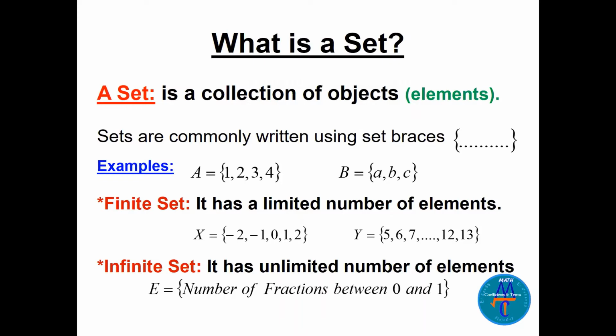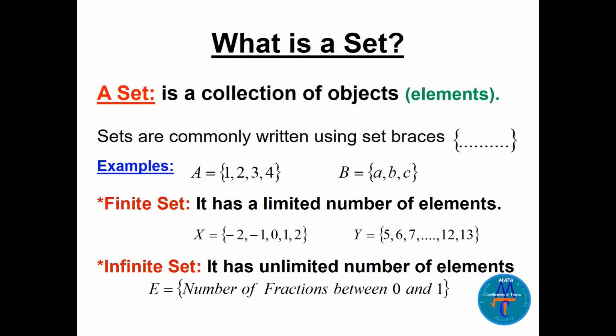What is a set? Many people know what a set is, but maybe they cannot say the definition. A set is a collection of objects or a collection of elements. Sets are commonly written using set braces like this.